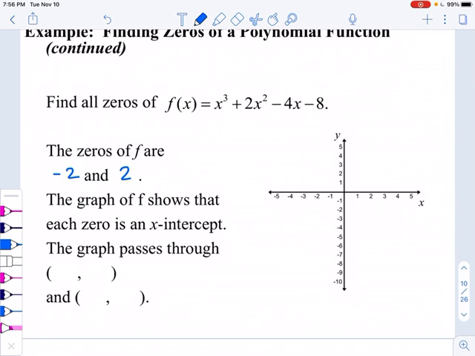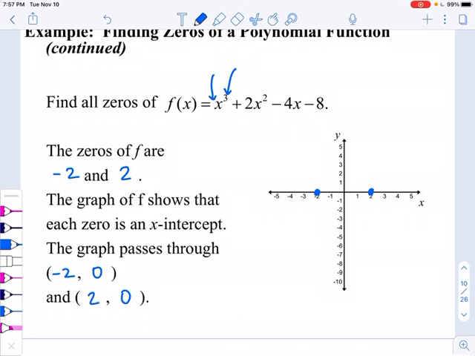If I have an x-intercept of negative 2, it's going to go through negative 2, 0, and it's going to go through positive 2, 0. That means I'm going to have a negative 2, 0, and a positive 2, 0.